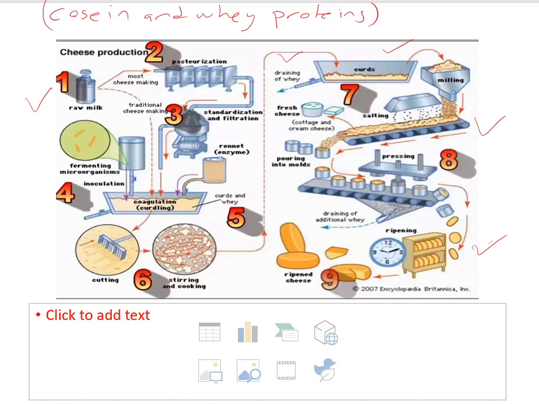Here, rennet plays important role in coagulation. So rennet is a mixture containing the active enzyme rennin. So it causes coagulation of casein and produces a strong curd.